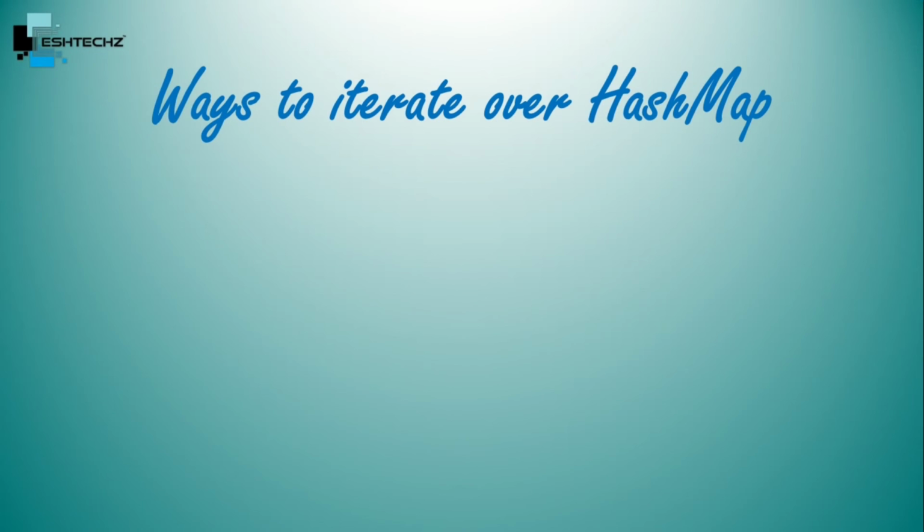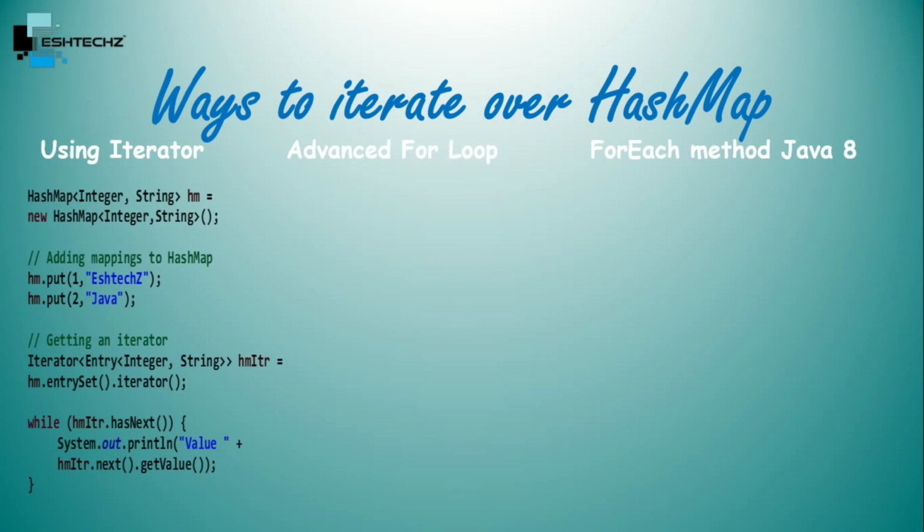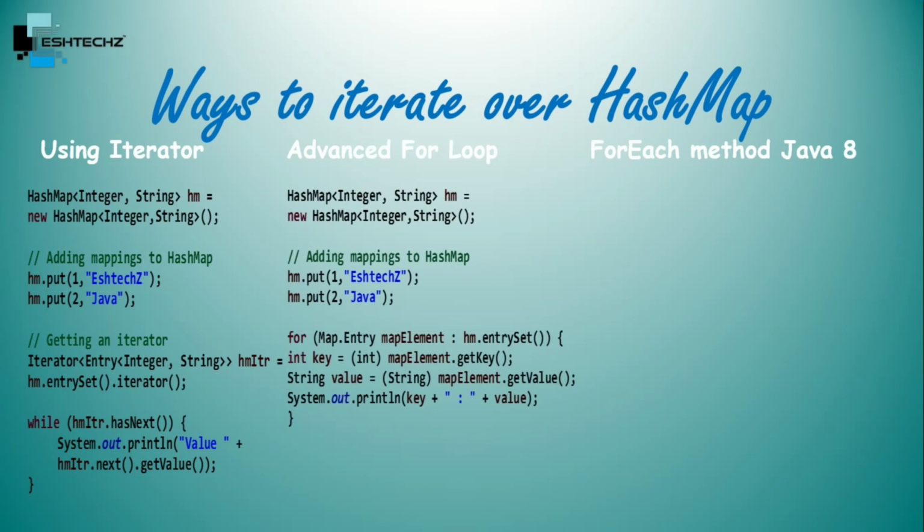Now let's take a look at the ways to iterate over HashMap. First is using an iterator, then the advanced for loop, and at last the forEach method of Java 8. Using an iterator, we need to create an iterator on the map, and using entrySet, you can iterate over the map. For the advanced for loop, we can iterate over the entry elements and get the values.